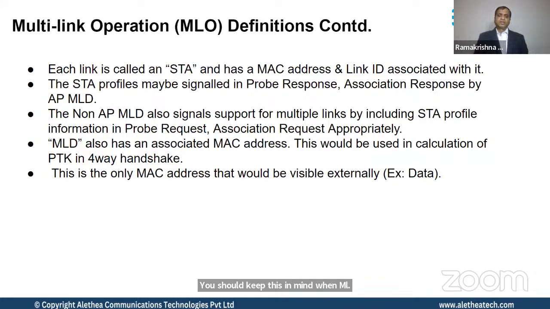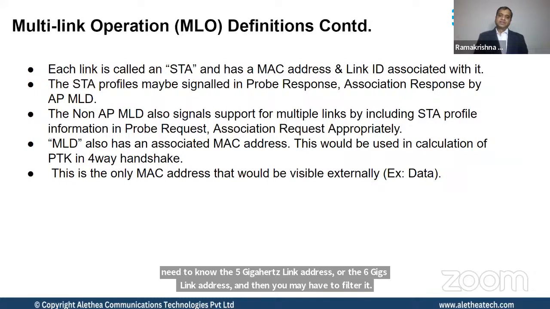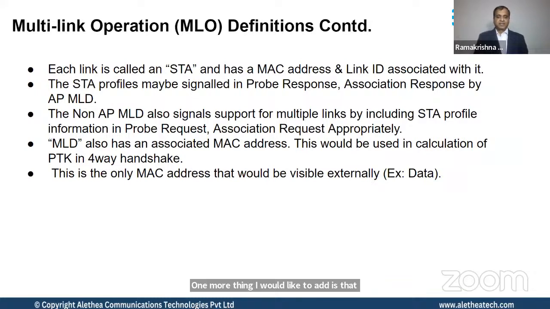Also, the way you filter packets to see what you want also changes, mainly because you now need to know the link addresses. So if you have a trace, you need to know the 5 gigahertz link address or the 6 gigahertz link address, and then you may have to filter it. One more thing I would like to add is that because of the introduction of MLO, if you want to debug anything, you would necessarily need a multi-band sniffer.